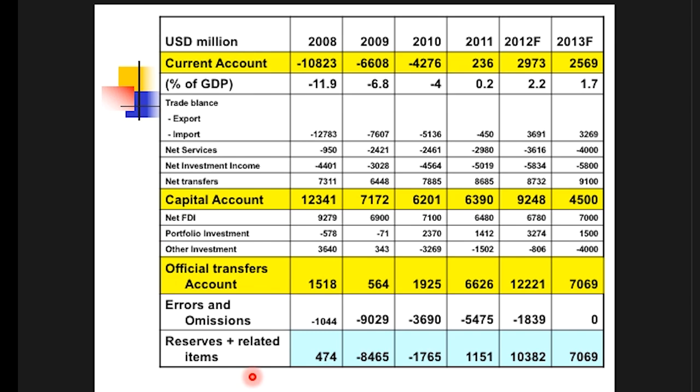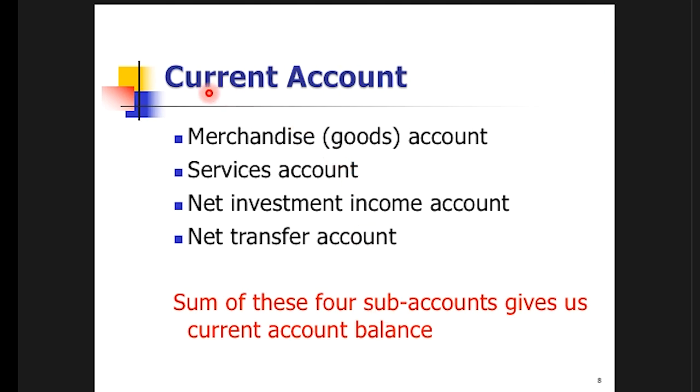The result for each account is called the balance. For the first account, the current account balance is the sum of all the sub-account balances.